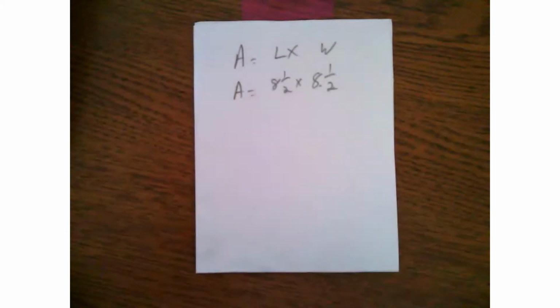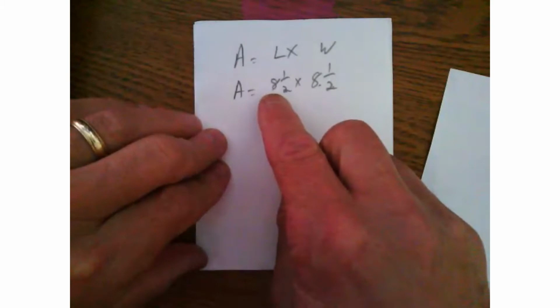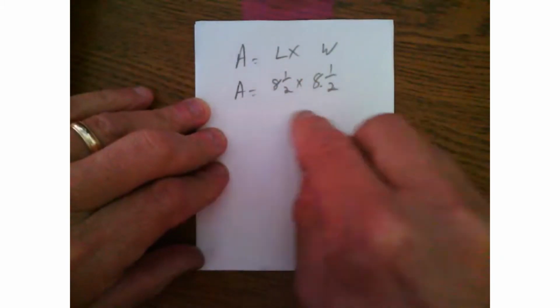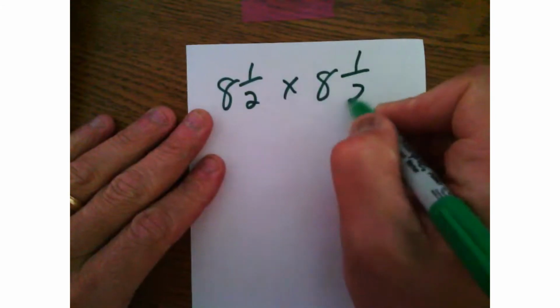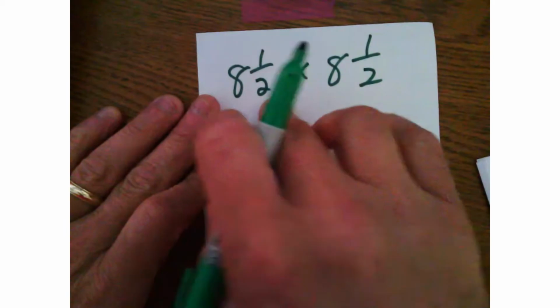I think this is a point where a lot of people are going to end up in a little bit of trouble, so I'm going to take an extra minute or two to explain how you do 8.5 times 8.5. It is not 8 times 8 and 1/2 times 1/2. Let me go over to this larger sheet of paper and give you a little demo. 8 1/2 times 8 1/2, those are both mixed numbers, a whole number and a fraction.